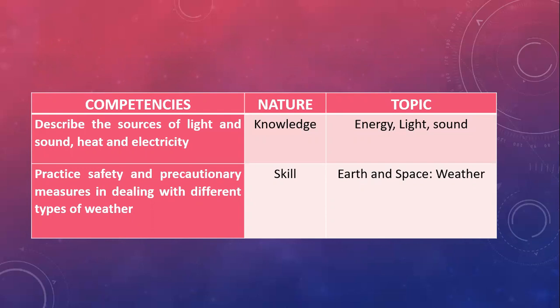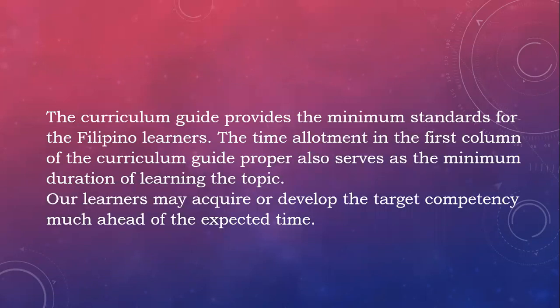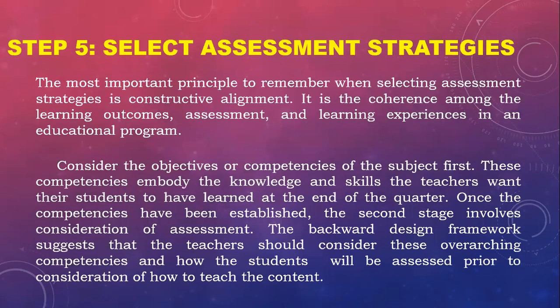Pagdating sa subject na yon. Not saying in all subjects kasi iba-iba ang intelligence ng mga bata. Okay? Kaya 'di ba, yung iba magagaling sa PE pero hindi sila magaling sa science. So ganun, you have to adjust and evaluate that one. So, ayan na, nakalagay na class yung competency, nature, and topic, which you would also see in a curriculum guide.